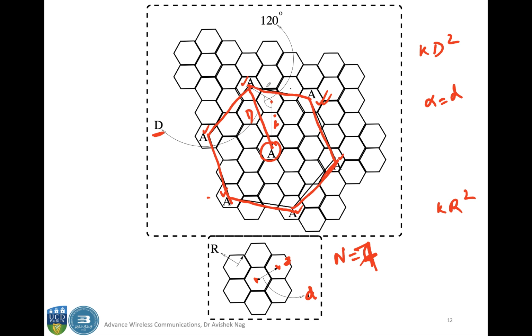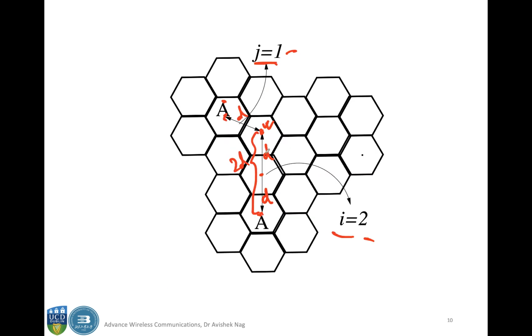So this is your I and then J. In other words, this distance is I times d, and this distance is J times d, as I just showed here.